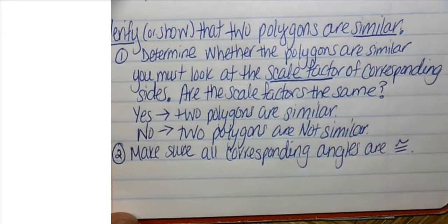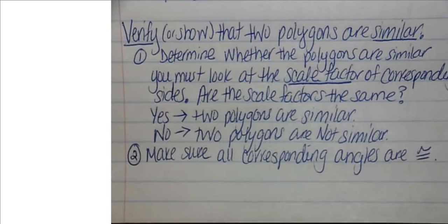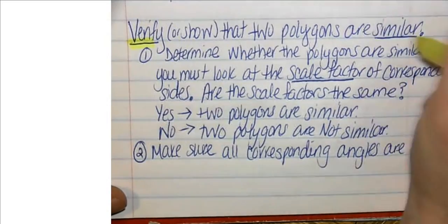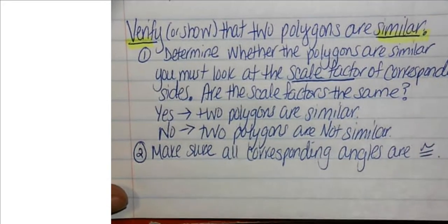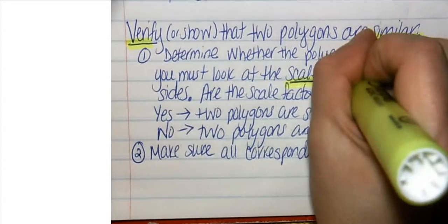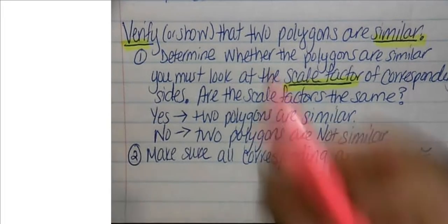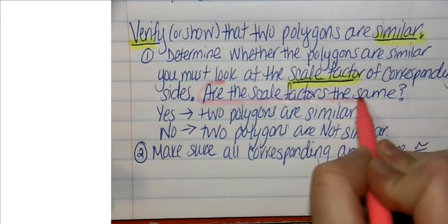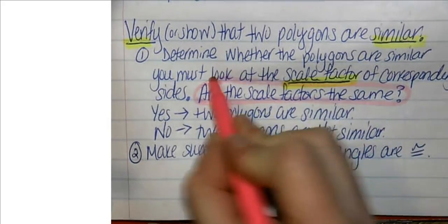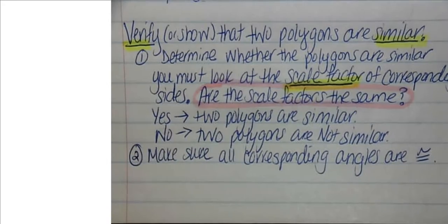So if you are asked to verify or show that two polygons are similar, the first thing you need to do is determine whether they are similar by looking at their scale factors and asking yourself the question, are the scale factors the same? If the answer is yes, that means that the side lengths are proportional.